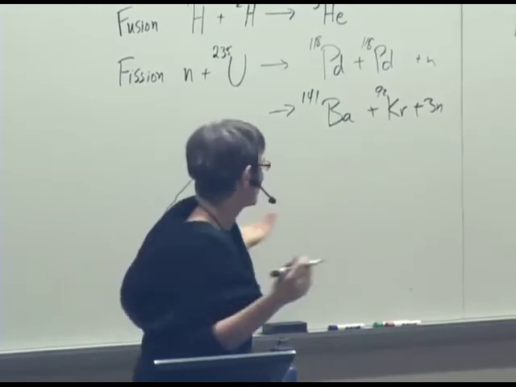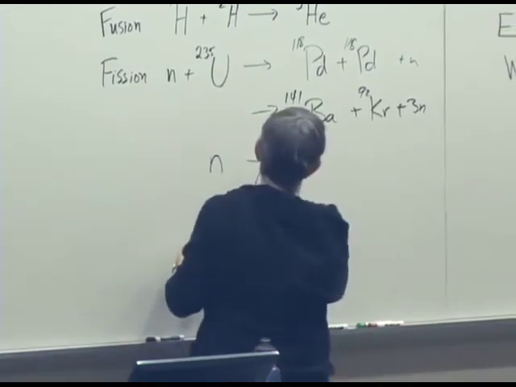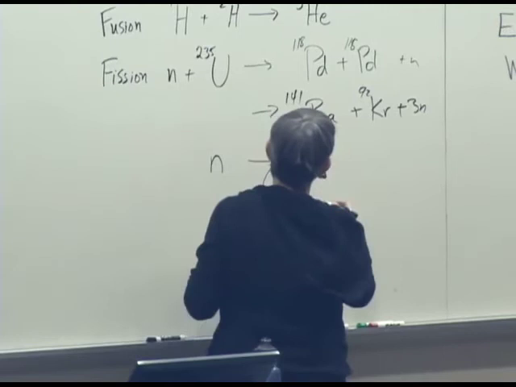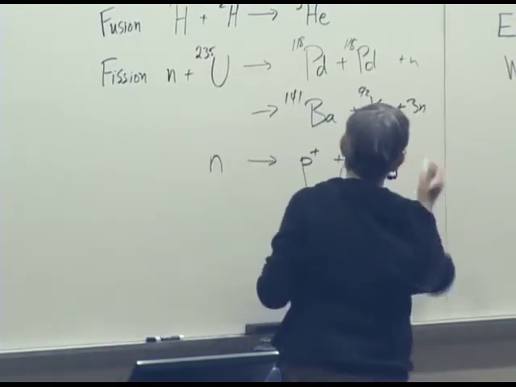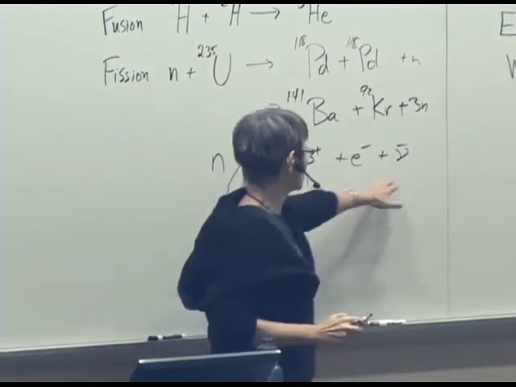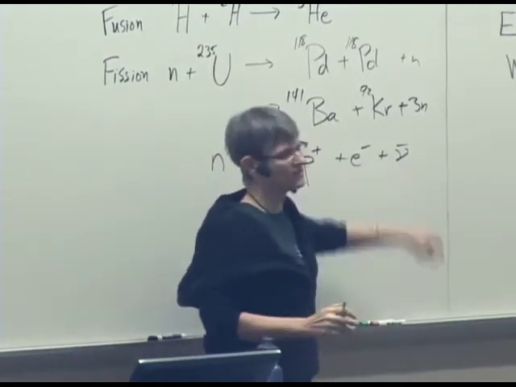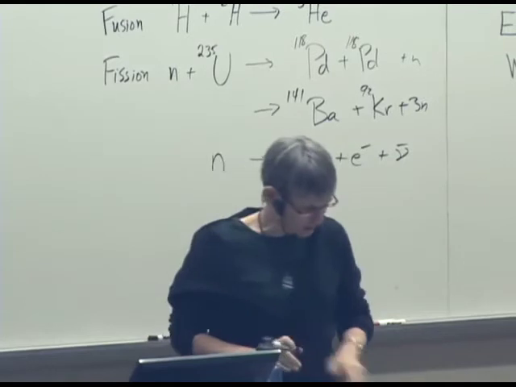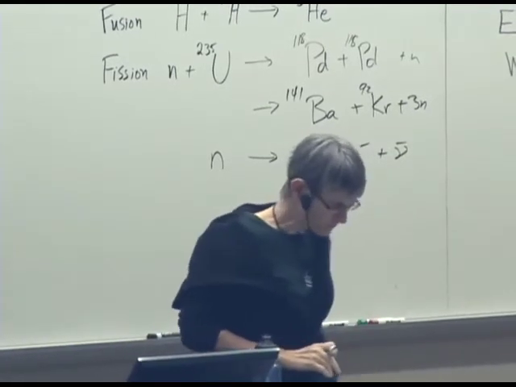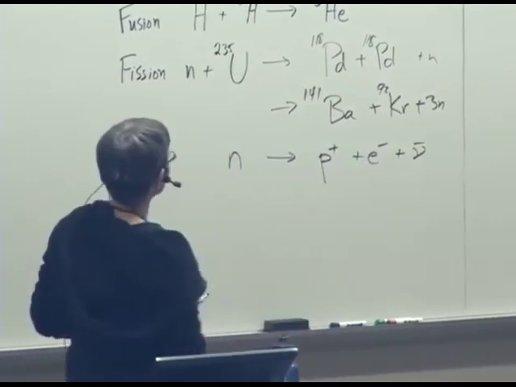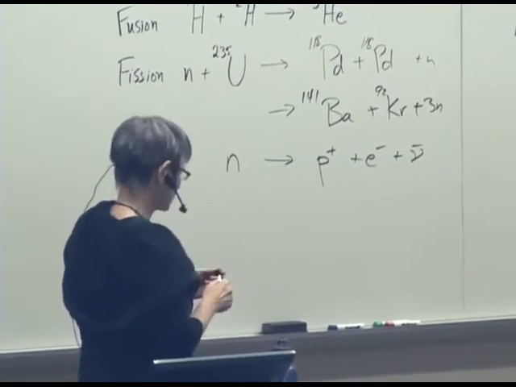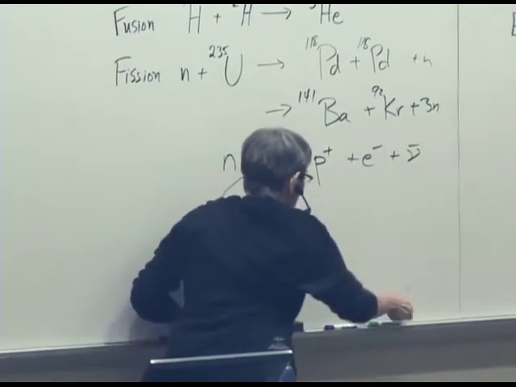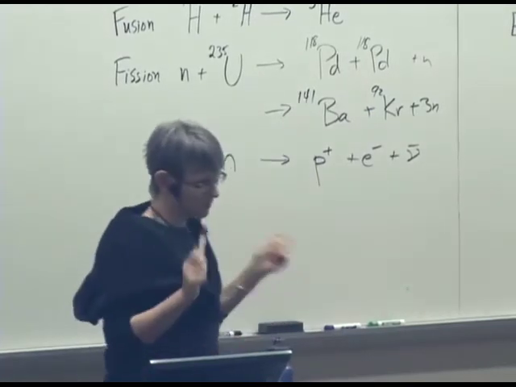And it sits around on the average of about 15 minutes, and then it falls apart into a proton and an electron and a very low mass particle called a neutrino. This is an antineutrino. It's an antimatter particle. And in processes like this, we have a change of rest energy.